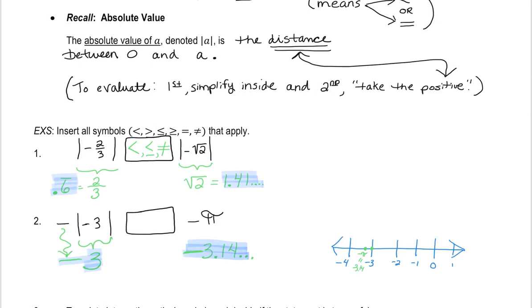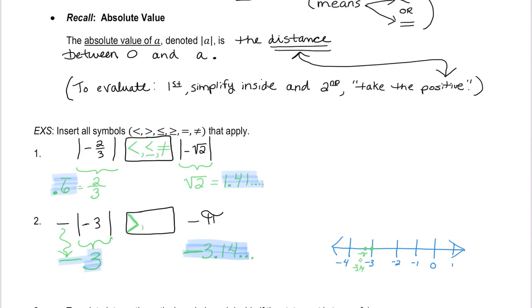It's a little bit further to the left. When it's further to the left, that means it's less than the number that's to the right of it. Right numbers are bigger than left numbers, let's say. So this means that the -3 is to the right of negative pi. So the -3 is actually bigger than negative pi.